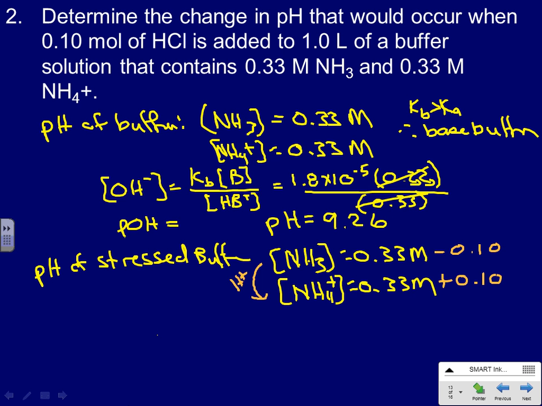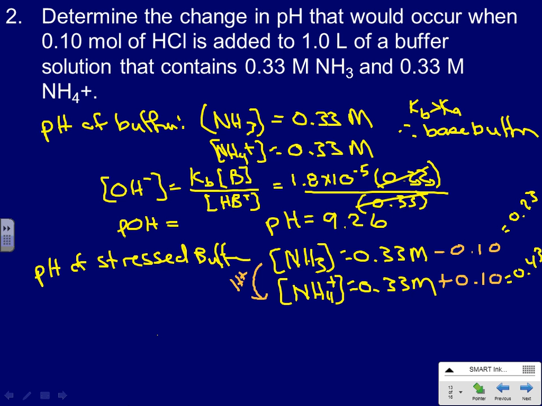It's the hardest part. Where to put the negative and where to put the positive. Once you've done that, you've got your new numbers and you're going to put it in the equation. You're going to be off to the races. And I'm kind of tight here on space, so I'll squeeze it in here. What does this make? 0.23, and then this one is 0.43.